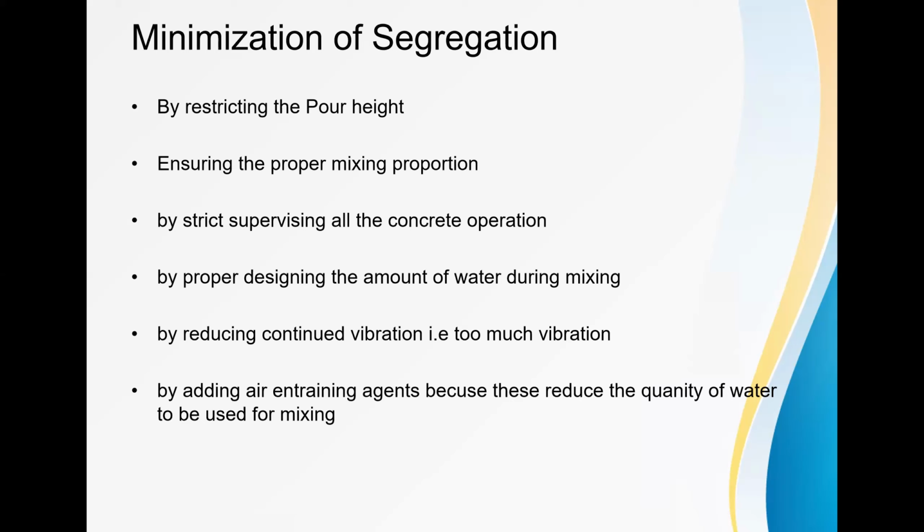Next is properly designing the amount of water during the mixing. This is a vital criterion for the mix design. Also reduce continuous vibration, because too much vibration definitely causes segregation. By adding an air entraining agent, we also reduce the quantity of water to be used for the mixing.